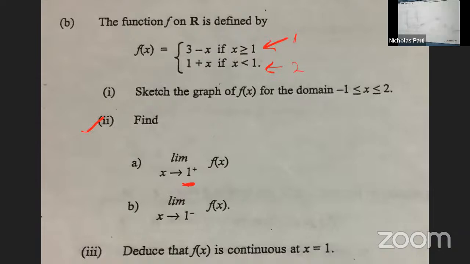So all you're going to do to find the limit as you approach from the right is plug 1 into the first function. As you approach from the left now, you'll choose the second function. That's okay? So you don't have to sketch it, although they ask you, you don't have to sketch it. And then check and see if it's continuous. All right? Try part 2 and 3 and then go back and do part 1.